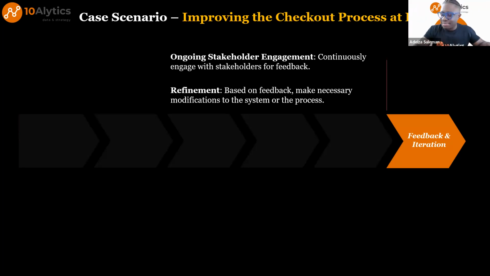So continuous engagement with stakeholders, number one. And number two, you would also need to track to be sure that what you've deployed is effective. So you would leverage different tools. You want to know the number of transactions that take place using the self-service kiosk or the self-checkout kiosk.